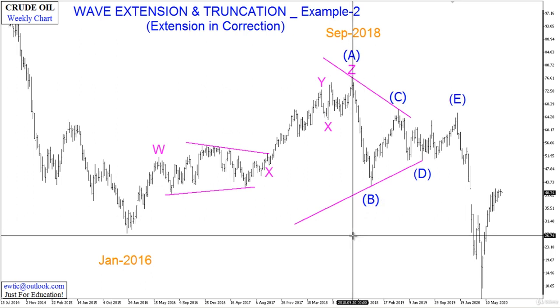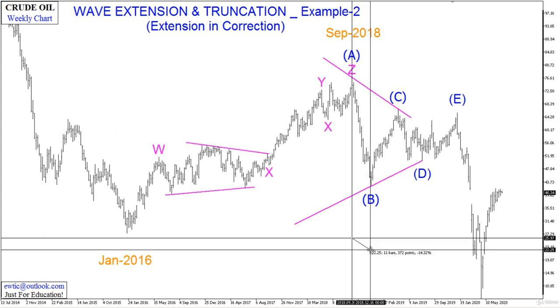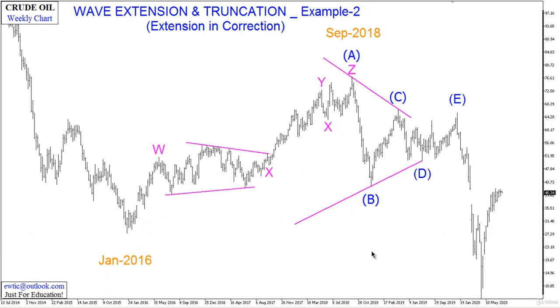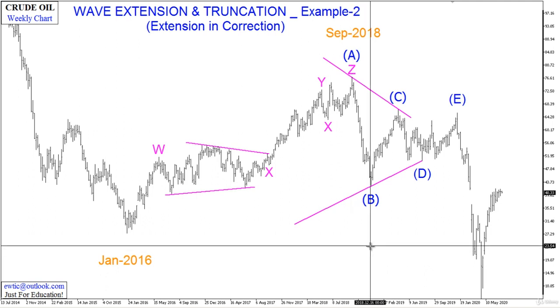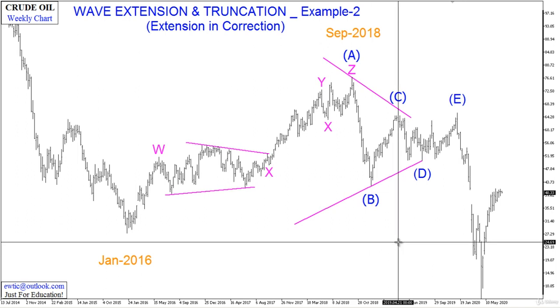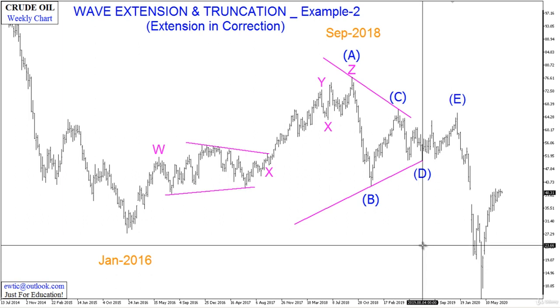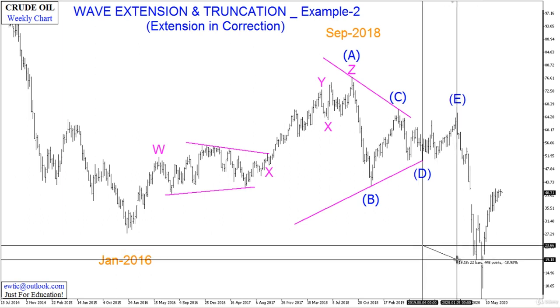Wave B took only 12 weeks. Wave C took only 17 weeks. Wave D took only 15 weeks, and wave E took only 22 weeks, right?